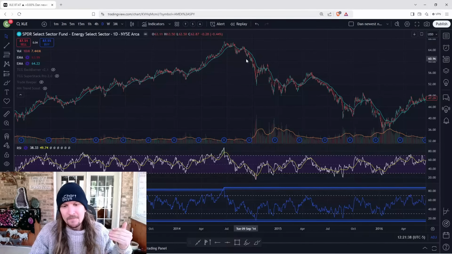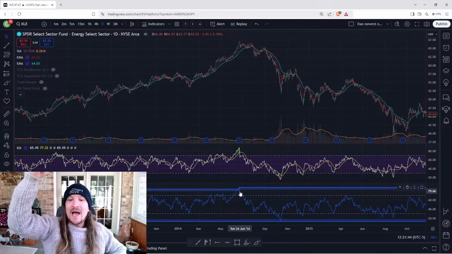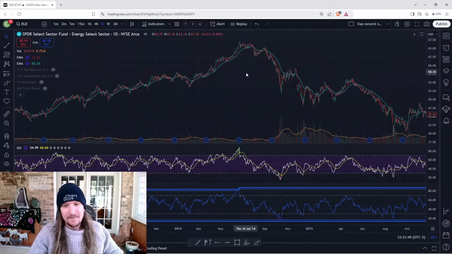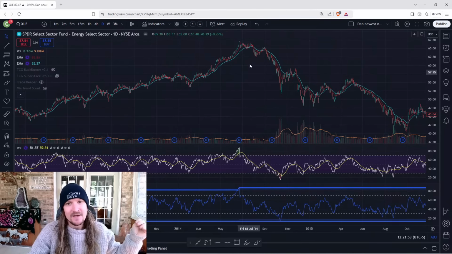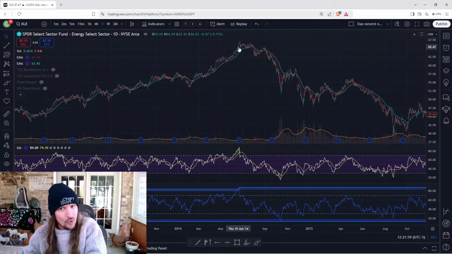So let's go back here to 2014, energy sector. Here's an example where we hit a new all-time high RSI right at the top before massively rolling over. This was the most extreme the daily RSI has ever been in its history. Again, it didn't top out right away, but over the next couple of weeks, it was a topping out pattern that then rolled over.